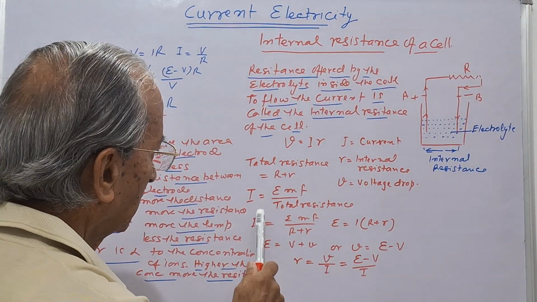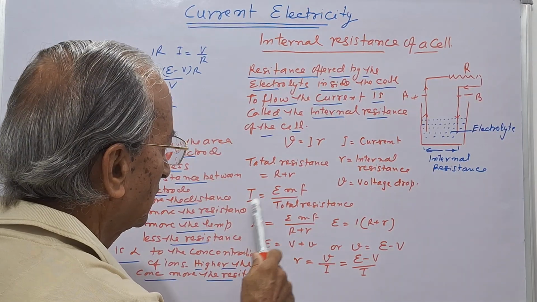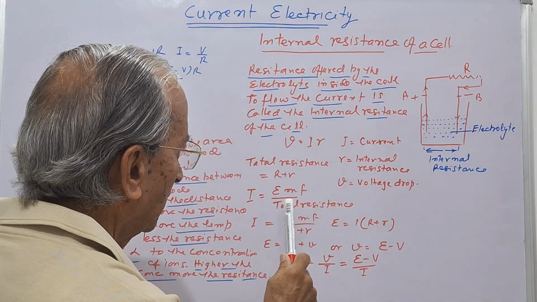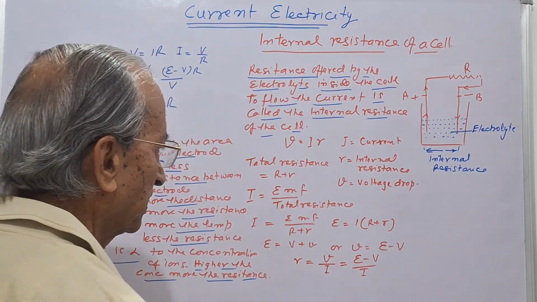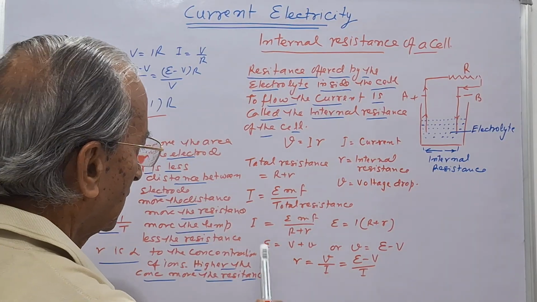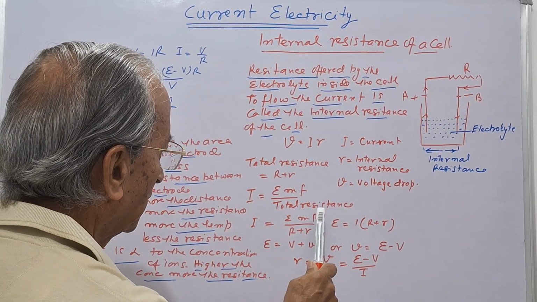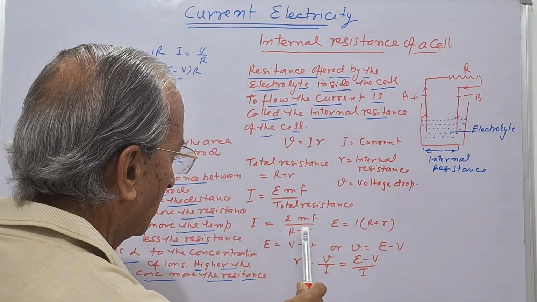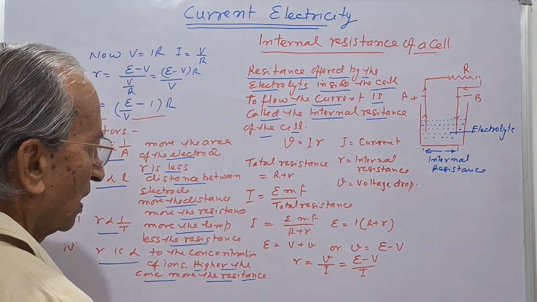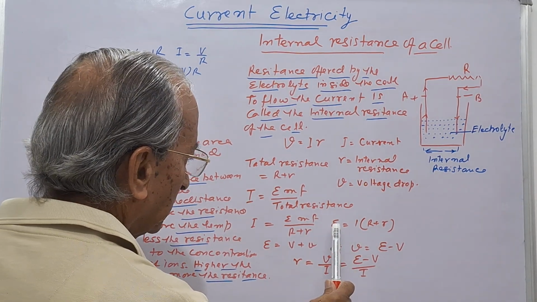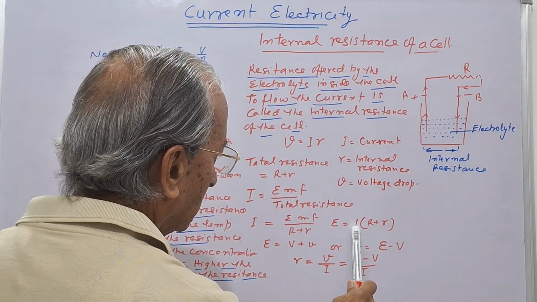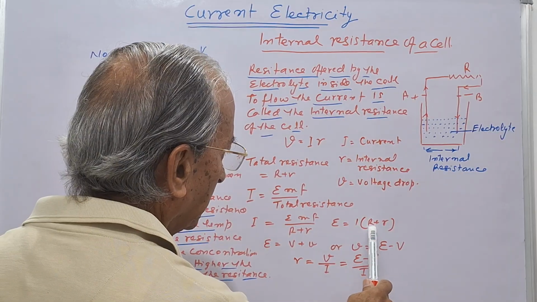And we know that the current is equal to EMF upon the total resistance. So current I = EMF/(R + r), or EMF = I(R + r).